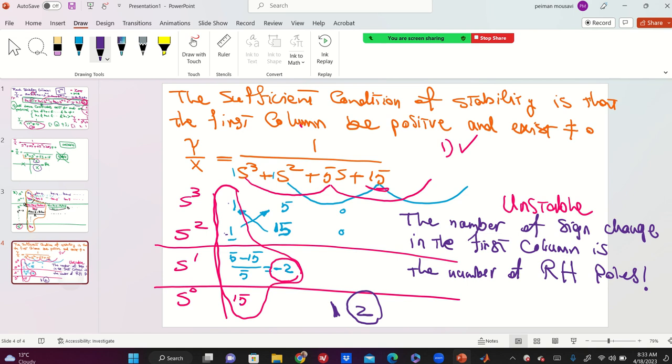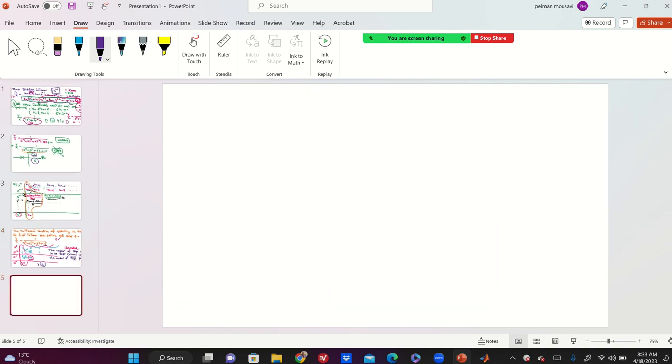Okay, next example is this. Y over x is 1 over s cubed plus s squared plus s plus.